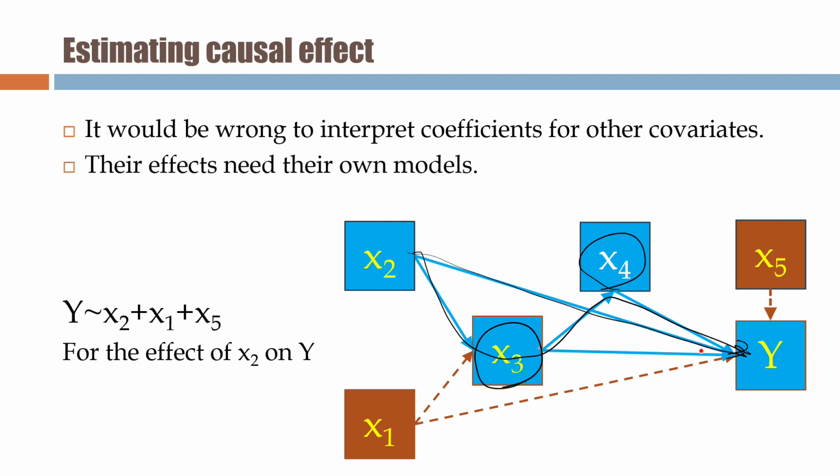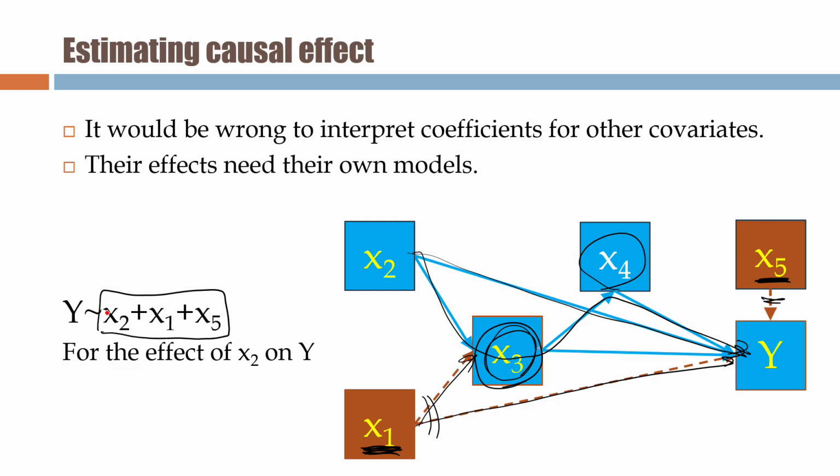Directly connected. And x1 is kind of like x3, a mediator, but x1 has this kind of thing. So I want to cut off x1 and I want to cut off x3. So I have to condition on x1 and I have to condition on x5. So if you want to find out the effect of x2, you have to set the model this way.